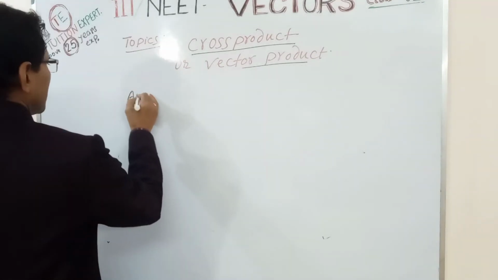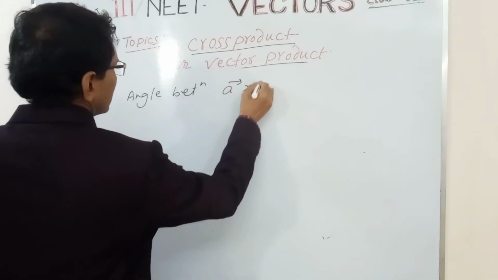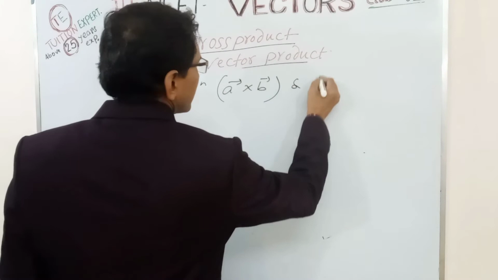What is the angle between A cross B and B cross A?